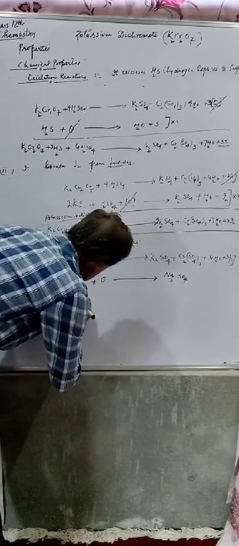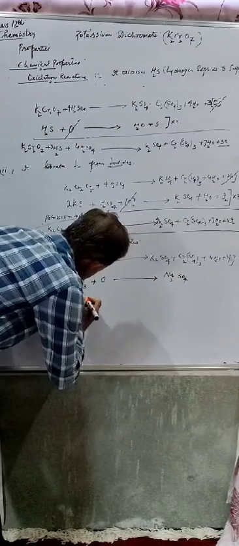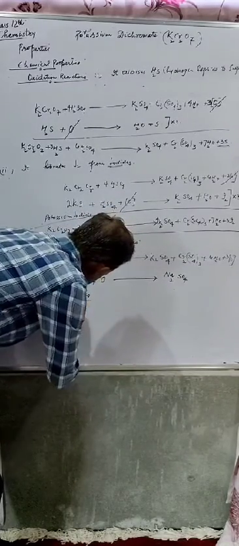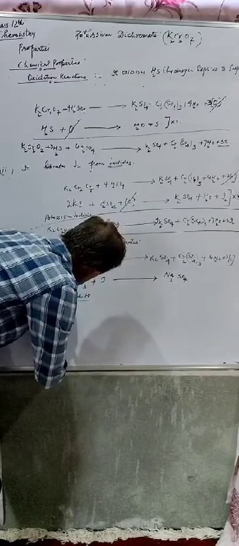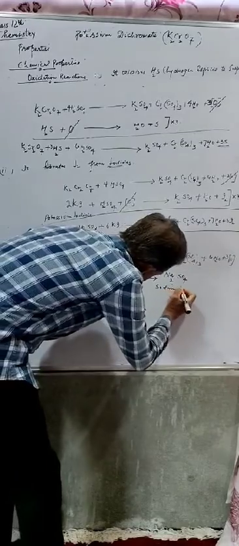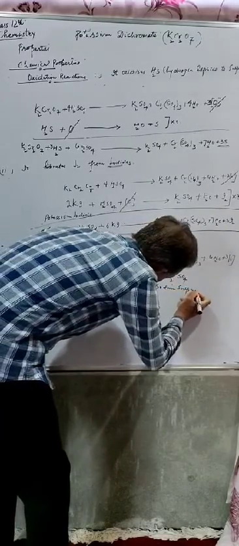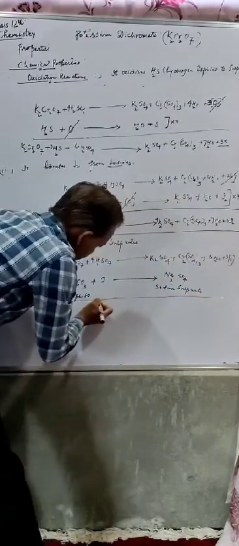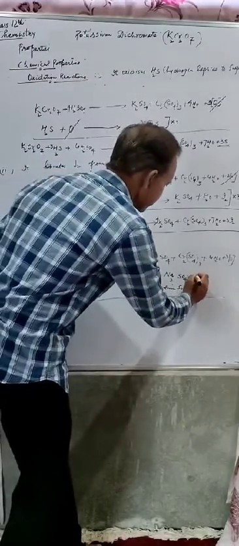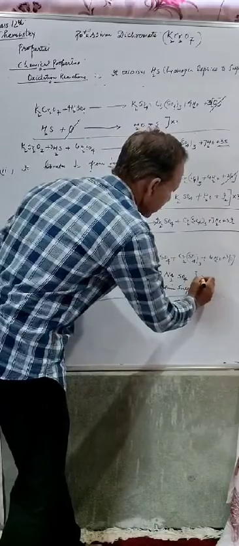This is sulfite. This is sodium sulfate. And the overall reaction, it is Na2SO4. The reaction is balanced. We have to multiply it by 3.